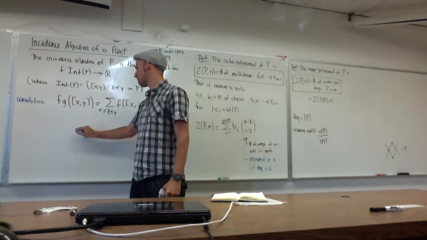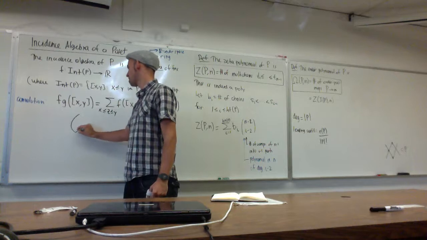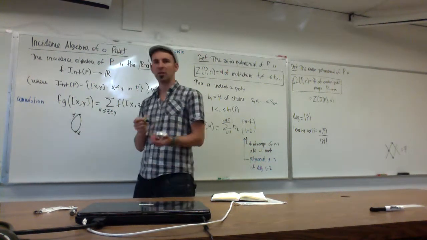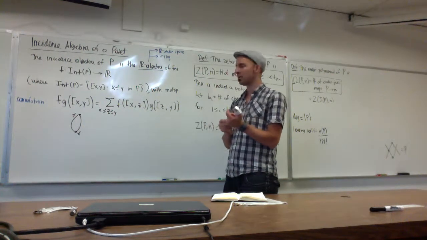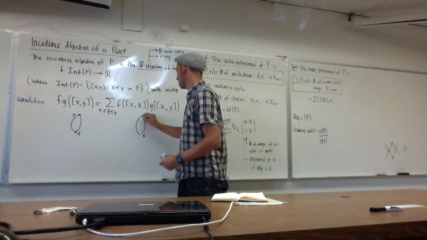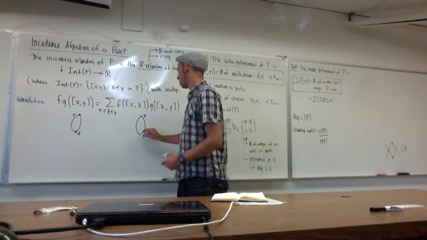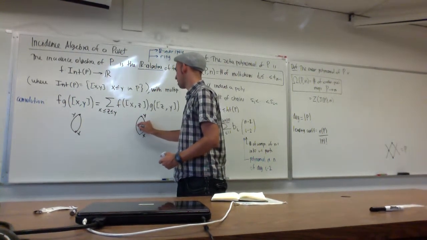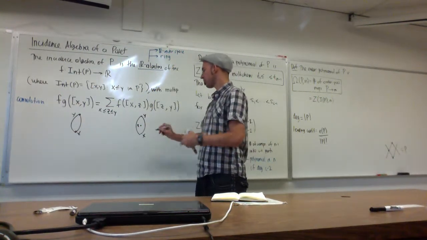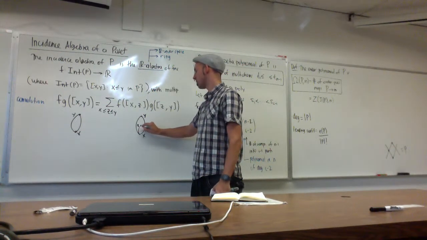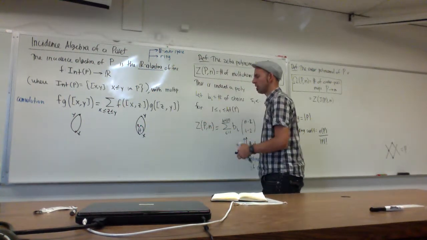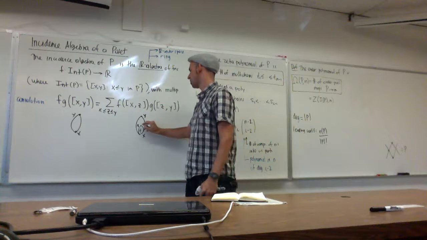Maybe it's worth keeping a picture in mind, which is that here I'm thinking, okay, what number should I assign to the interval from x to y? And here what we're doing is we're saying, take the interval from x to y, and then take a z in it, and then just see what did f assign to this interval, and what did g assign to this interval.